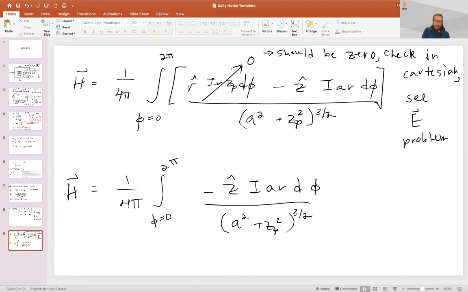So you could either skip this R hat directional integration in the cylindrical coordinates, or you could convert into Cartesian coordinates and solve this.